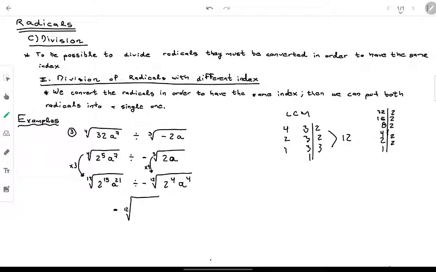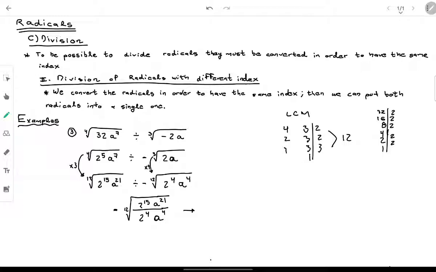The 12th root of, and let's see, on top it's going to be 2 to the 15, a to the 21. On the bottom, it's going to be 2 to the 4, and a to the 4. So what will happen here?